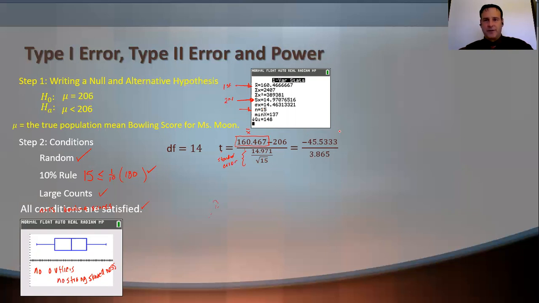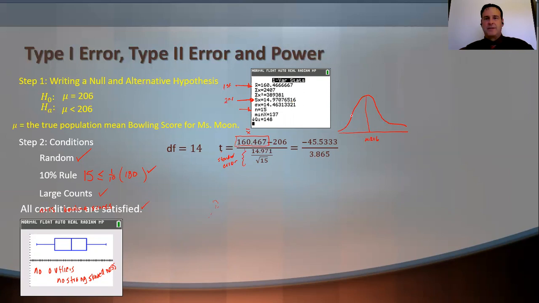And if you were to draw a picture, I'll do my best to draw that. What we have here is a mean of 206. Sorry, it's a little tough to read. Her standard error, if you divide that out, I've already done that for us, is 3.865.